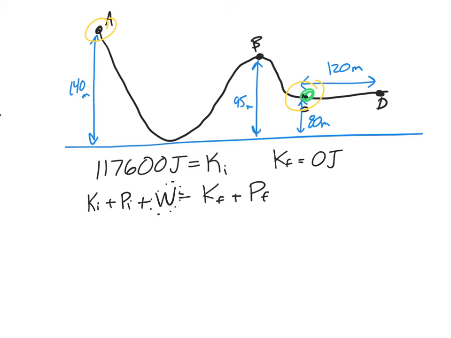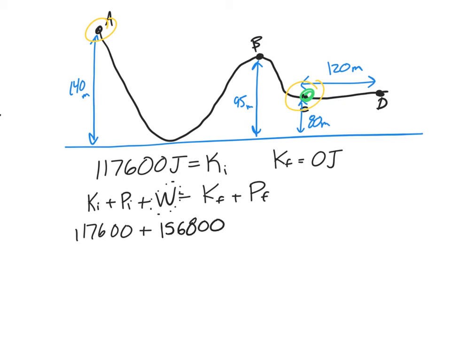What is the initial kinetic energy? That was 117,600 plus, what was the original potential? So the potential energy at that point was, if you look back, 156,800.